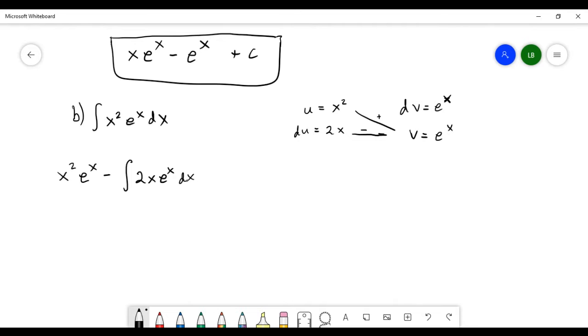But then here we have, this is just another integration by parts. I believe what you did is you just took the answer from the previous question, which is perfectly fine. What we could also do is set it up all the way again, but it would just be the same thing.